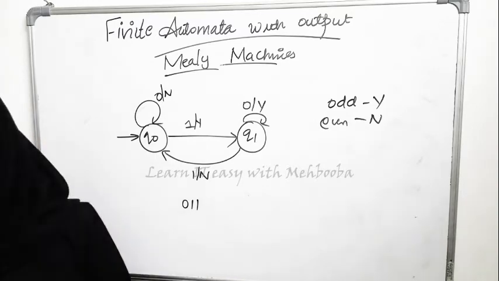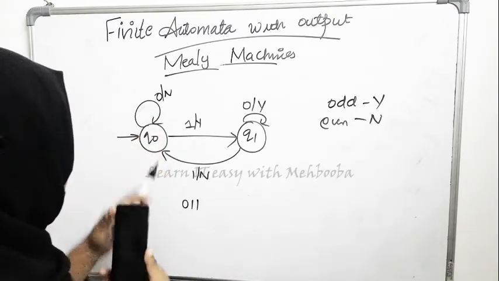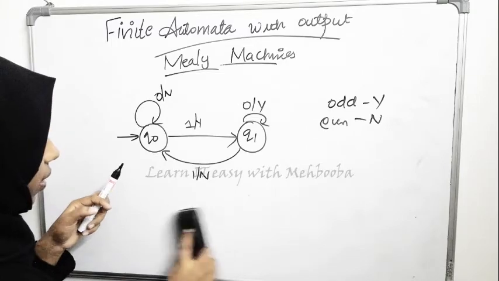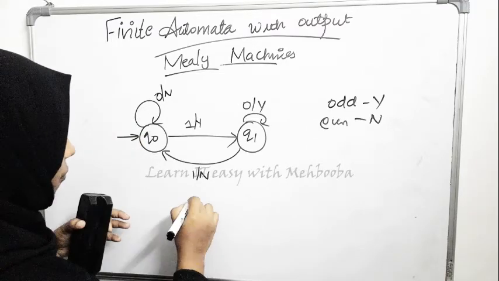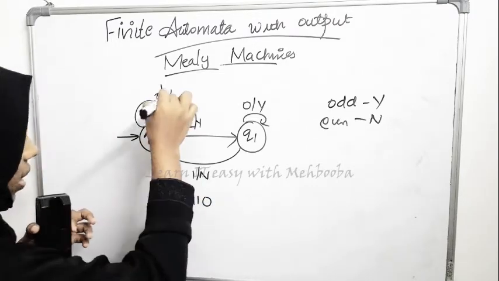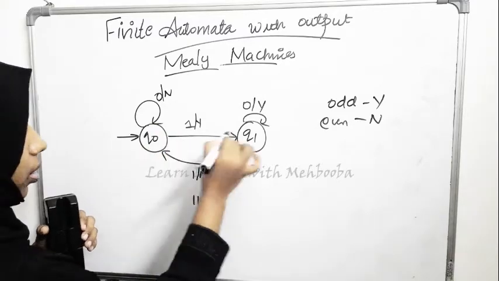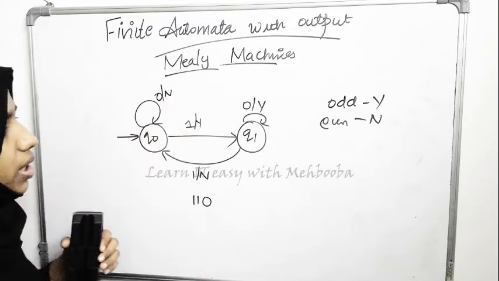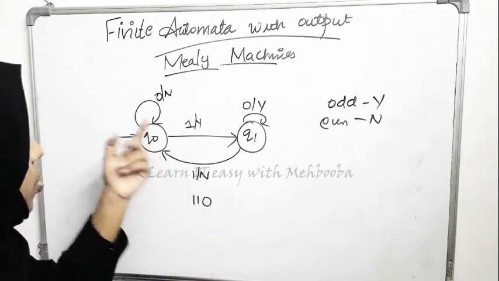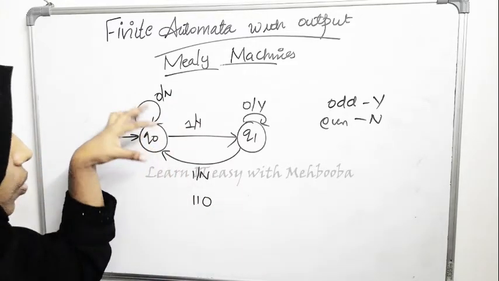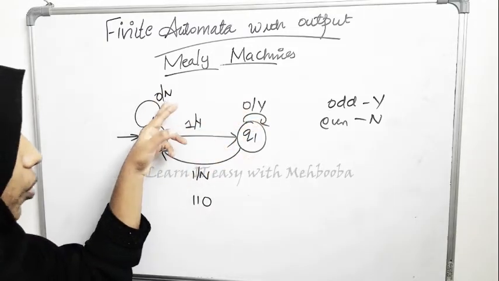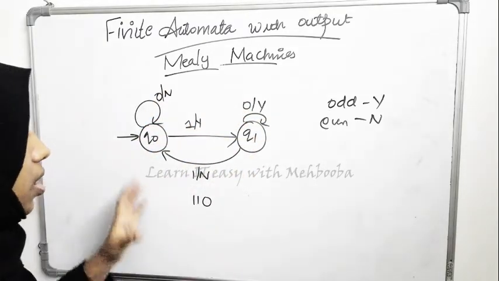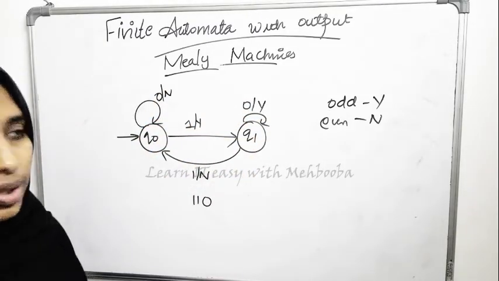Otherwise the problem with giving the label 1 yes here is the string 1 1 0, that will give you yes at the end, because 1 yes, 1 no, then the 0 will give you yes. So I don't want that to happen, so I'm giving zeros for no here and zeros for yes here. So each edge defines the transition.